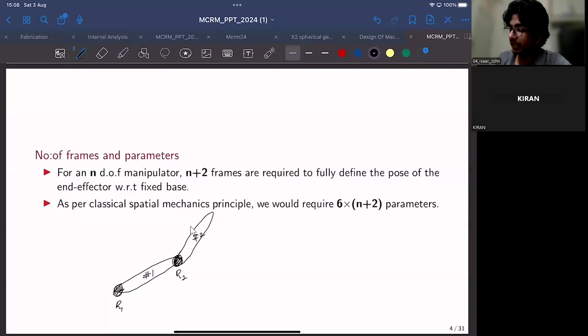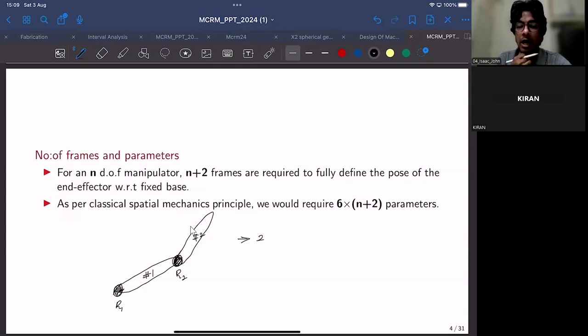So here the degrees of freedom basically means the number of controllable inputs that you need to give to a robot manipulator. In this case, for this RR robot, the degrees of freedom for this example would be 2, because you have to give 2 controllable inputs to control this robotic manipulator.